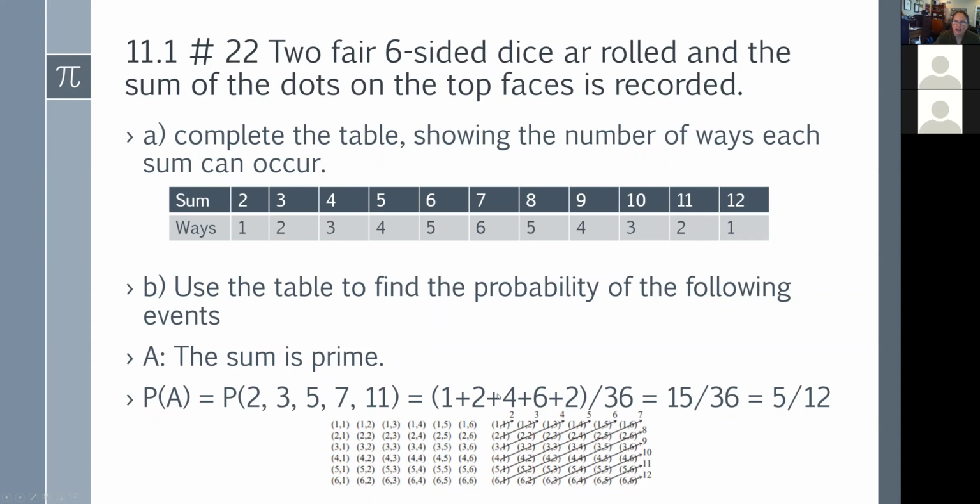One of those has a sum of 2, 2 ways to get a sum of 3. There's 4 ways to get a sum of 5. There are 6 ways to get a sum of 7. And then there's 2 ways to get a sum of 11. So this gives us 15 different ways to get a sum that's prime out of 36, and that reduces down to 5 out of 12.